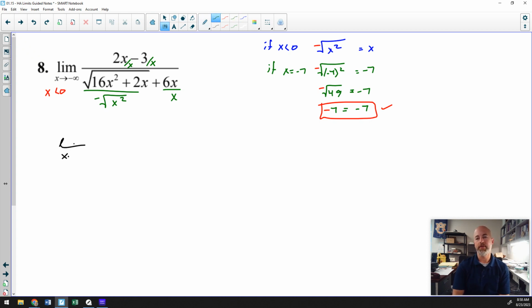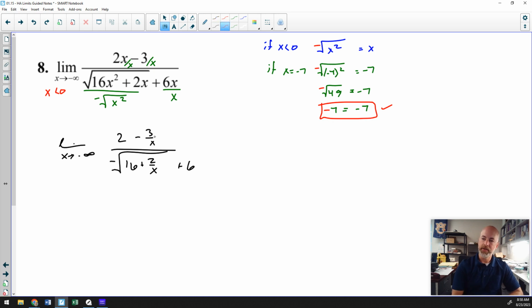So now I have the limit as x goes to -infinity. We'll reduce each of these: 2x over x, minus 3 over x, all divided by the square root, except I almost made a mistake. The square root of 16x squared over x squared would be 16. 2x over x squared is 2 over x, but that was a positive root divided by a negative root. That negative stays here. 6x over x is 6.